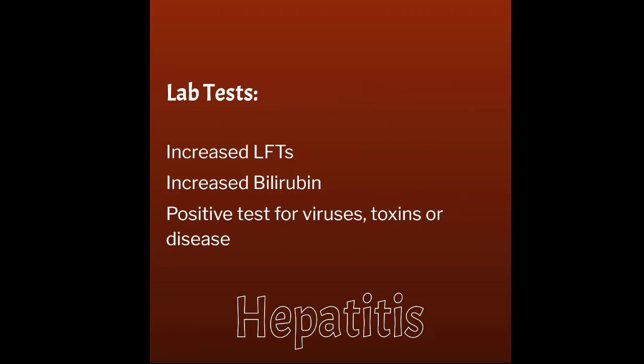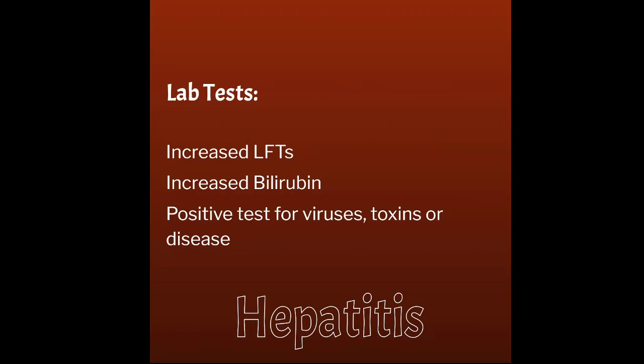Lab tests that go along with hepatitis are going to be increased LFTs for sure. The liver is not working very well, so the AST, ALT, all of that is going to be very increased. We might also see increased bilirubin. Again, the body's not processing it the right way, and so it leaches back into the blood. If the patient has blood tests for any of the viral hepatitis, those are most likely going to come back positive.